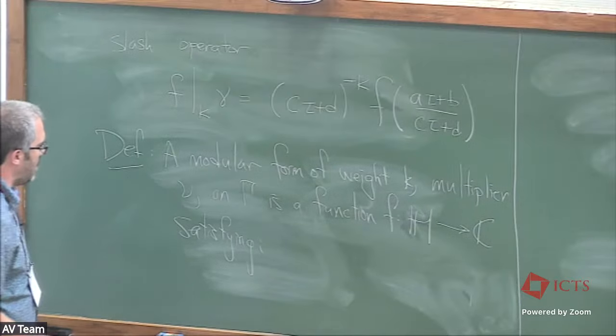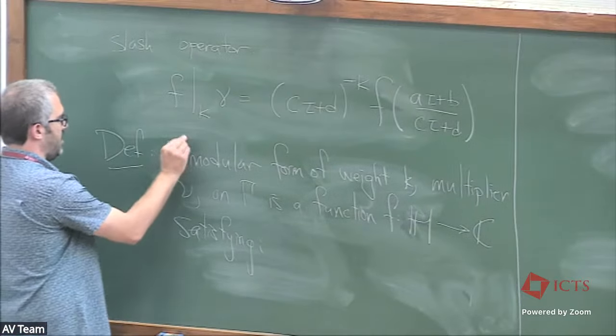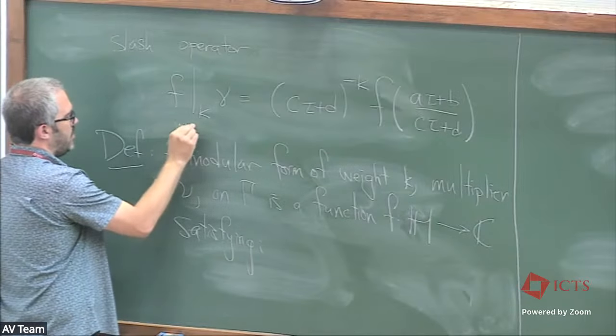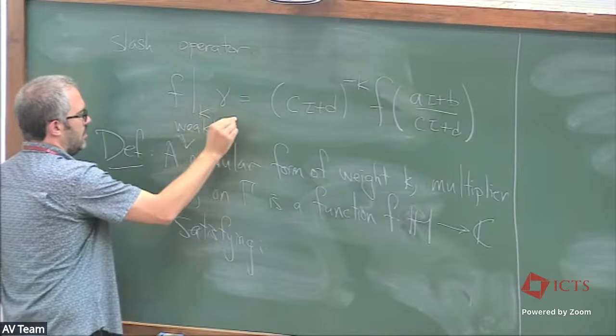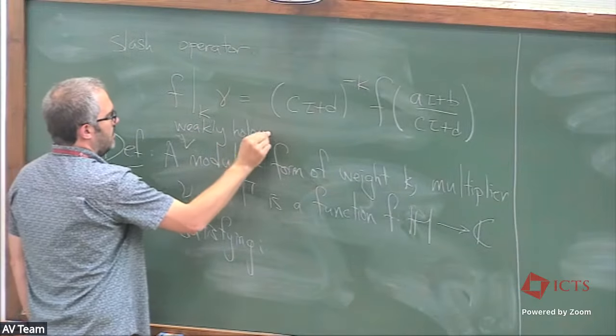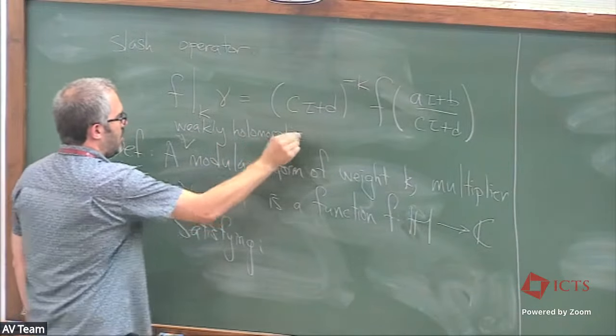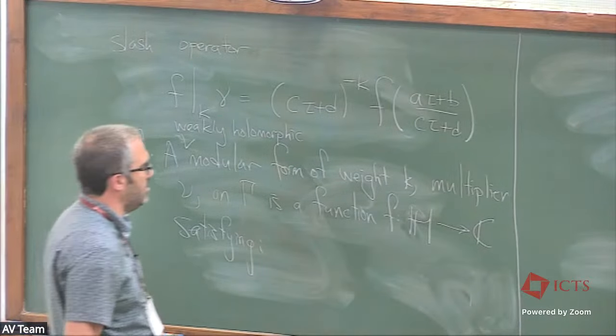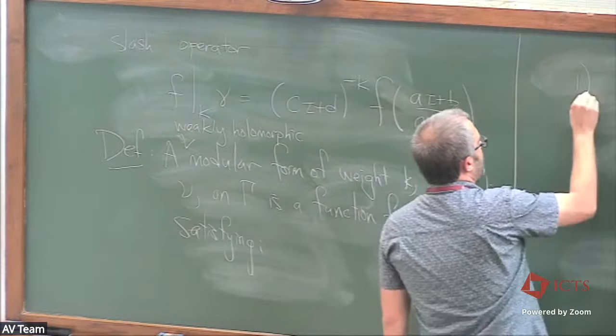And actually, for right now, let's define a weakly holomorphic modular form first, and then I'll talk about the usual modular forms in a minute. So it's going to satisfy three conditions.